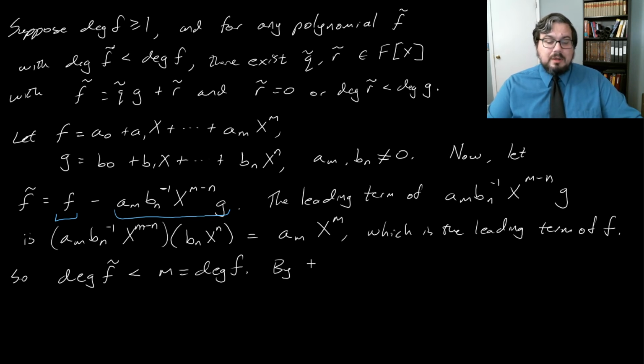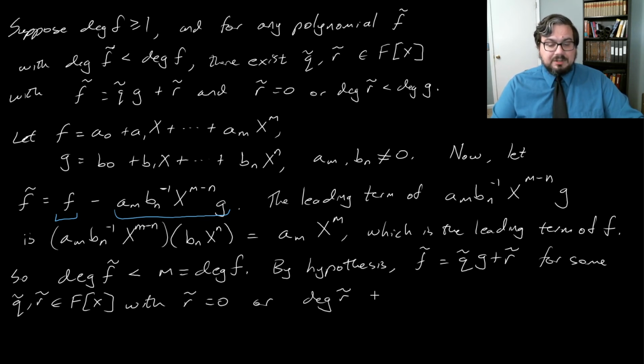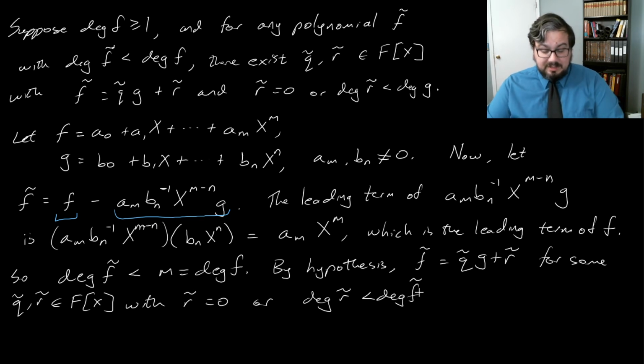So now, by the inductive hypothesis, f tilde is equal to q tilde g plus r tilde for some q tilde, r tilde in F adjoin x, with r tilde equals 0, or the degree of r tilde being less than the degree of g. Sorry.